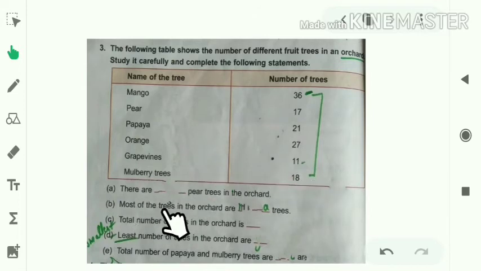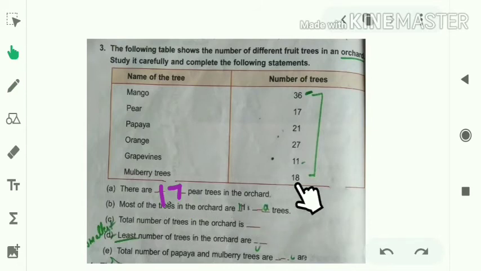So now we have to do the fill-ups. First question is, there are dash pear trees in an orchard. So look here, how many pear trees? 17. So we will write here 17. This is the answer. Next question is, most of the trees in the orchard are dash trees.